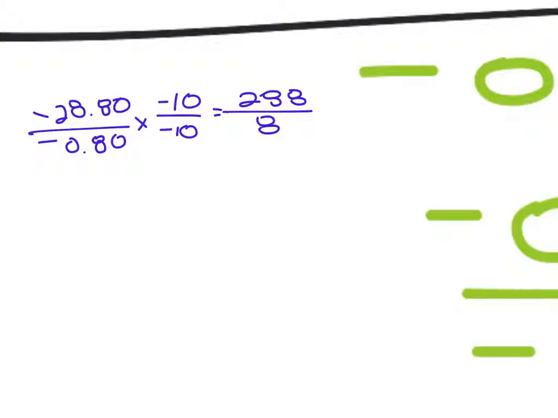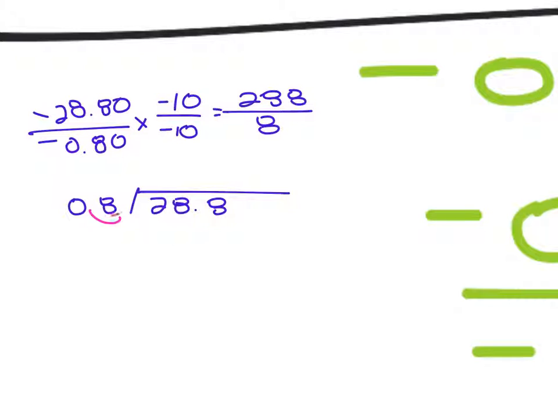divided by 8. Essentially what I'm doing here is the negatives cancel out, and I'm saying if we had 0.80, or 0.8, same thing, into 28.80, or 28.8, same thing, then when you do division problems you want to divide by a whole number.